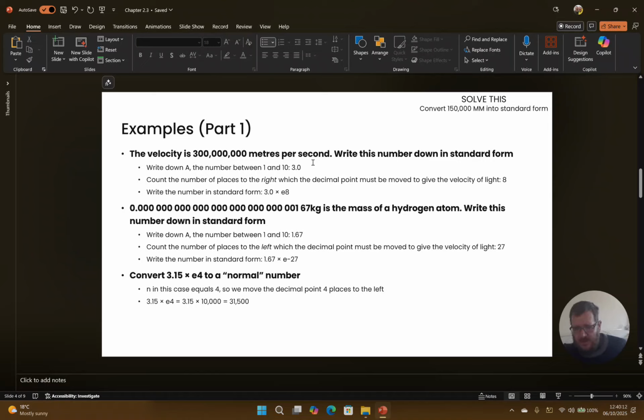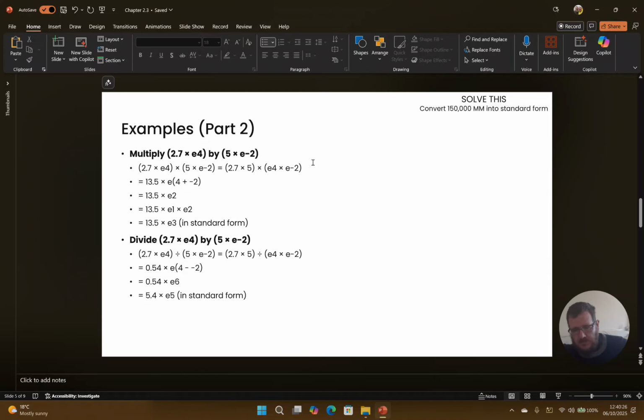There are a couple where you write numbers in standard form, another where you convert it to a normal number, and a couple more where you multiply and then convert to standard form.